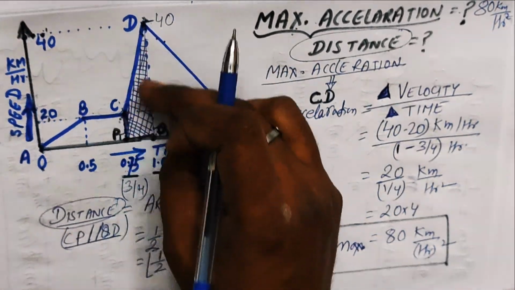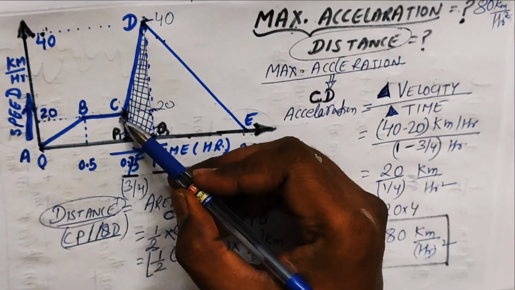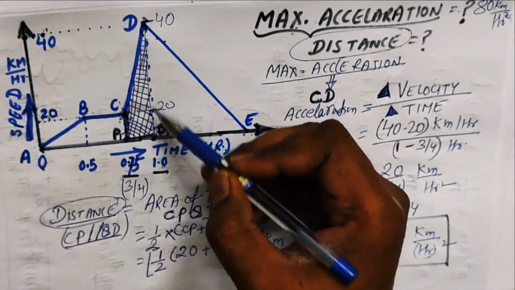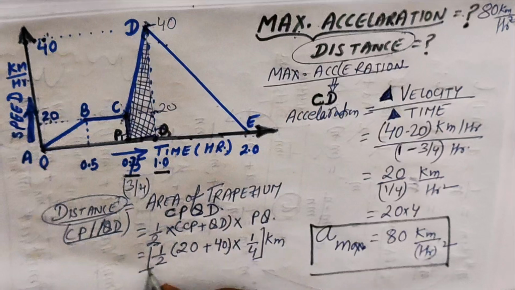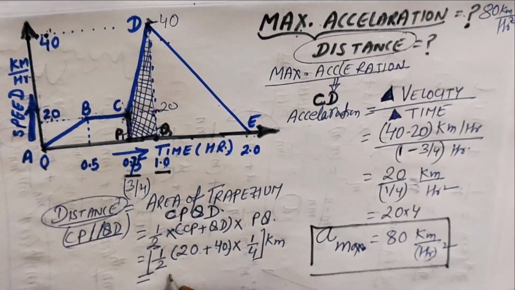So the area under the plot of velocity time during this interval will be given by the area of trapezium CPQD, which we are calculating. Now 20 plus 40 is 60. 60 by 4 is 15.